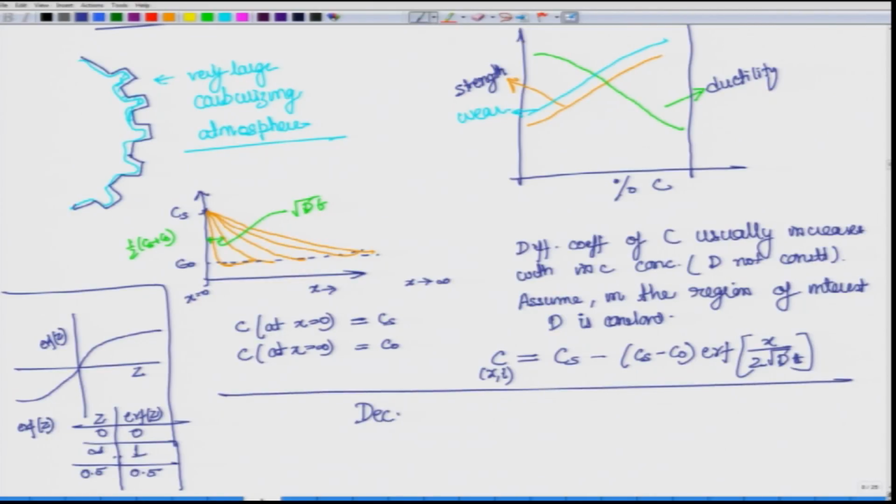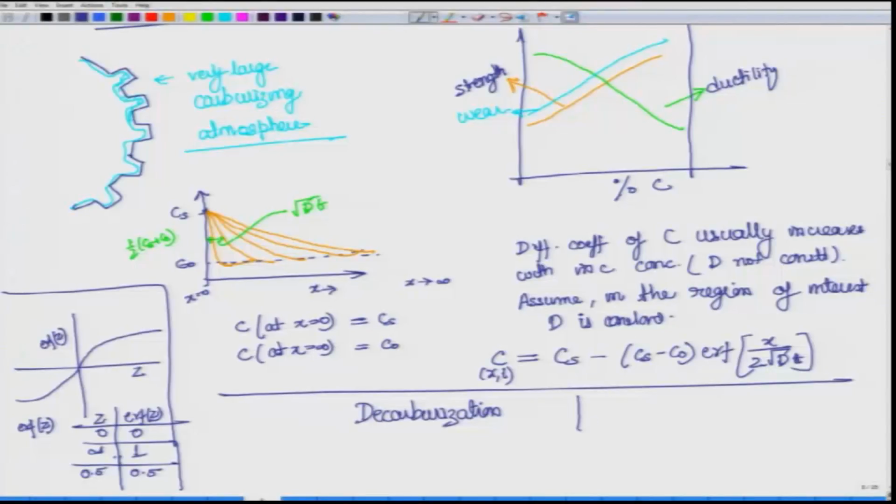So, let us say you have exposed your sample material, particularly steel, to an atmosphere where the carbon concentration is much lower than what you have inside the surface or inside the bulk, and it is at very high temperature where overall diffusivity would be higher. Then what you can have is also a reduction in the concentration.